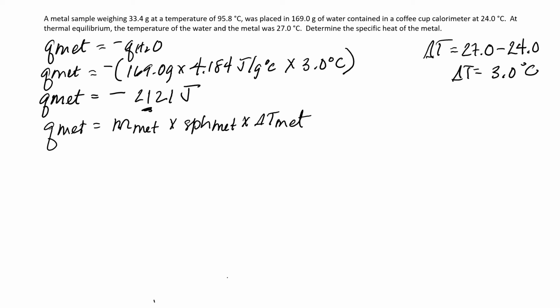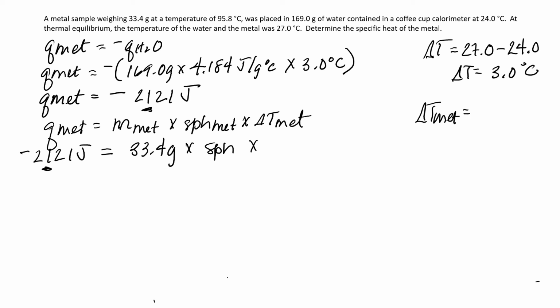We just determined the Q of the metal in the prior calculation. Our mass of metal is 33.4 grams. We're looking for specific heat, and we need to calculate delta T of the metal.